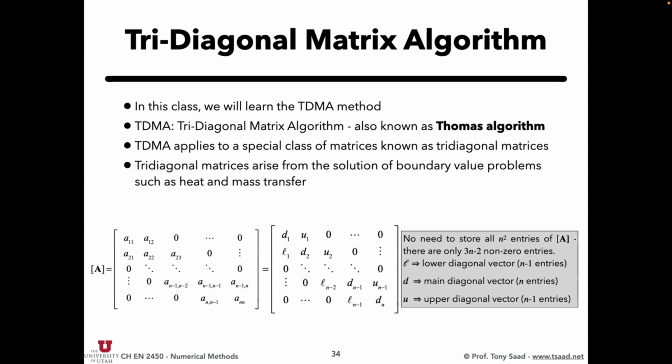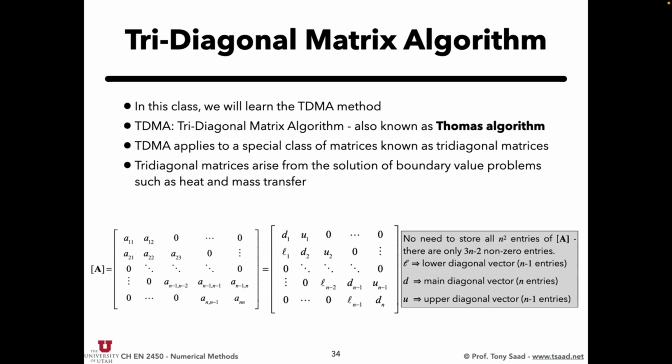But for the heat transfer problem, if you remember that matrix, most of the entries were zero, yet we stored everything in that matrix for nothing. Those zeros are insignificant. They matter in the solution, but we don't need to store them because we know they're zeros.